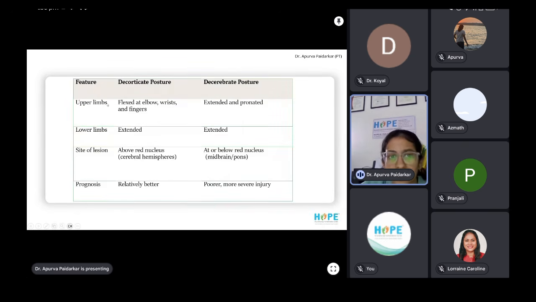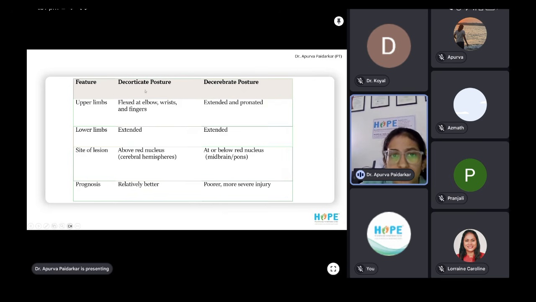So what is the difference? In decorticate posture, the upper limbs are flexed at the elbow, wrist and fingers. And in decerebrate, the posture is extended and pronated. In the lower limb, in both there is extension of the lower limbs.